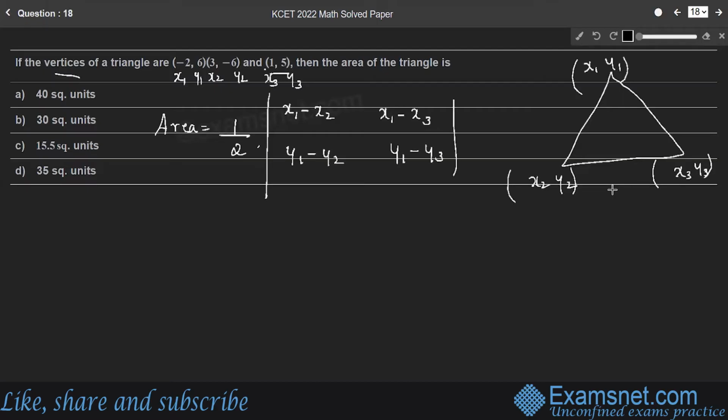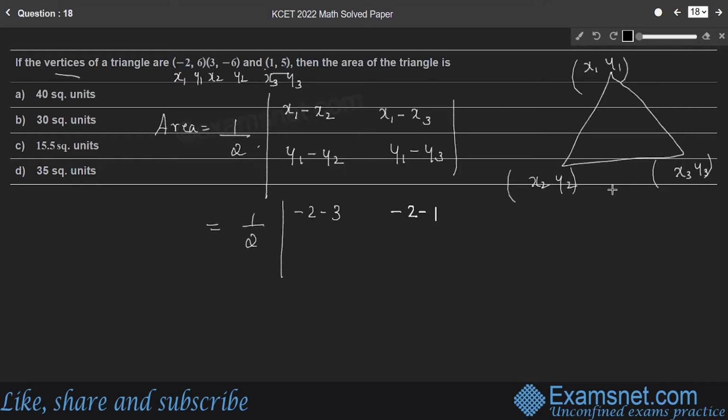We'll substitute the values. So half of the determinant: x1 minus x2, x1 is minus 2 minus 3, that is minus 5. And the second element will be x1 minus x3. What's the value of x1? Minus 2. x3 is minus 1.